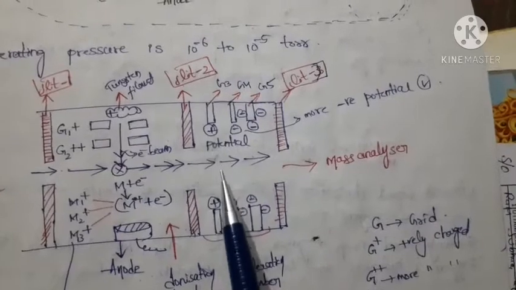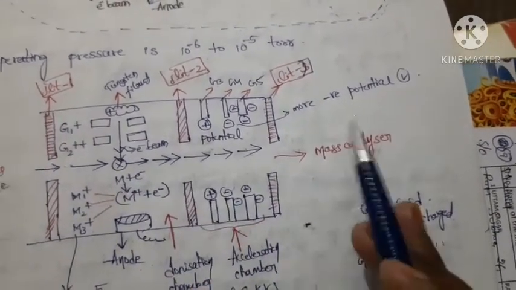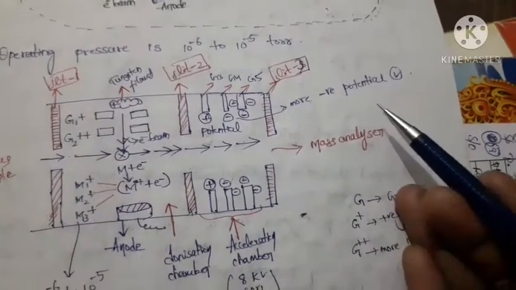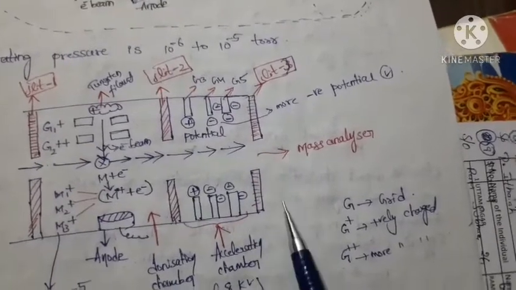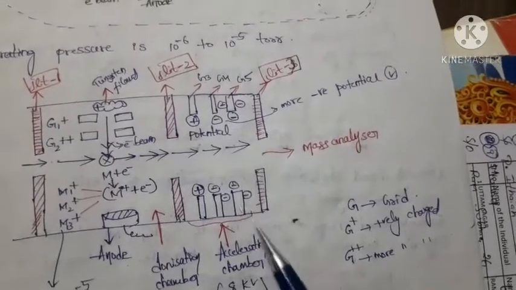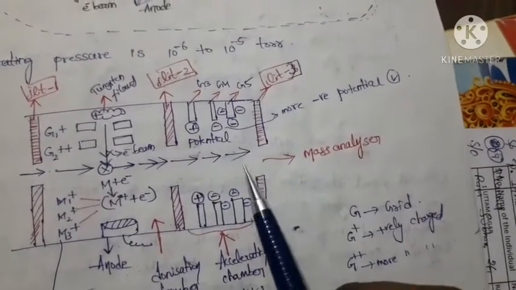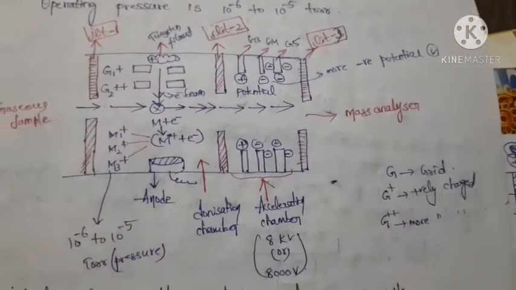So plus and plus will get repelled in the forward direction, the right side, so that acceleration will occur. That is the acceleration chamber. Here 8 kilovolts, or 8000 volts, of energy is required. And finally they will enter into the mass analyzer. Hope you understood this.